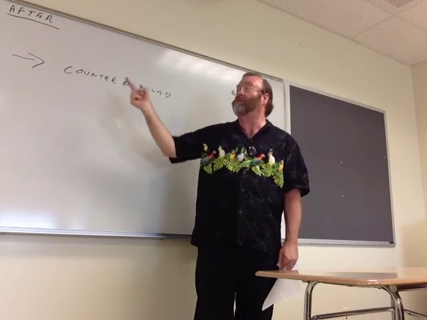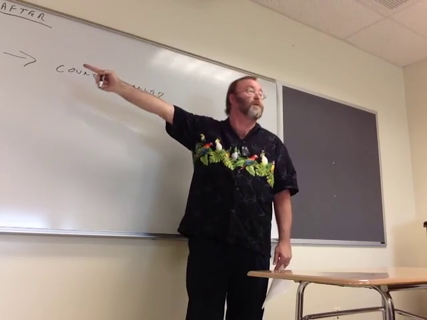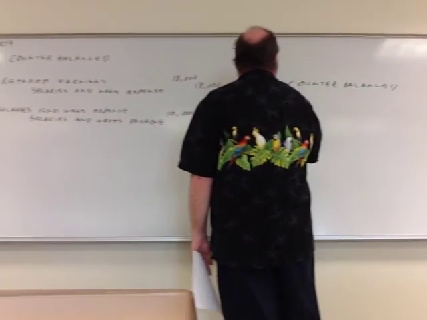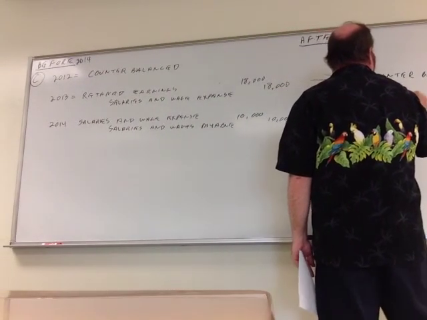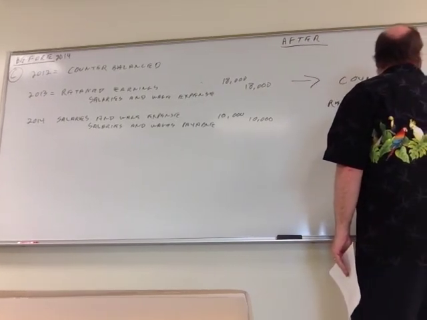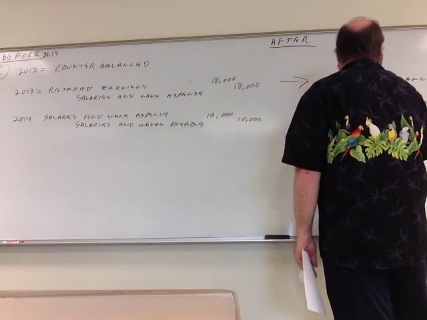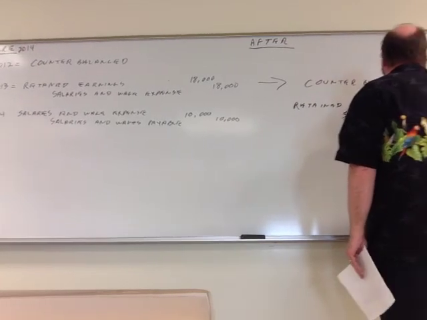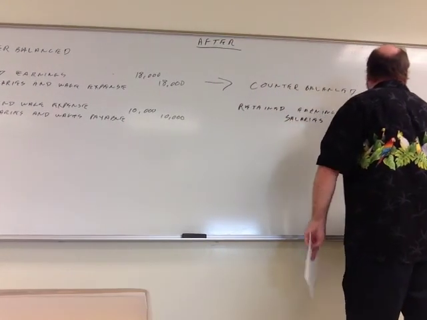We have to treat the 2014 error like we did the 2013 error before we closed the books. So now we need to debit retained earnings and credit salaries and wage expense.